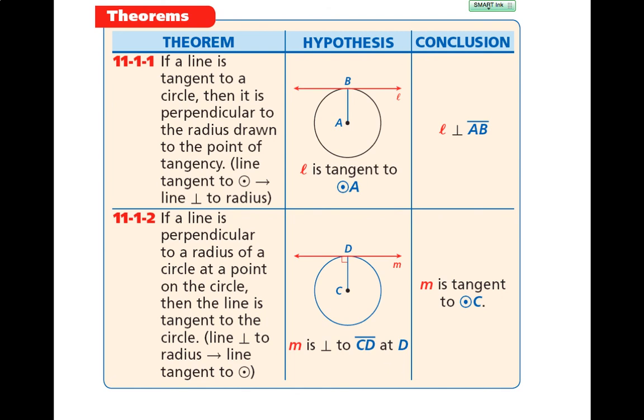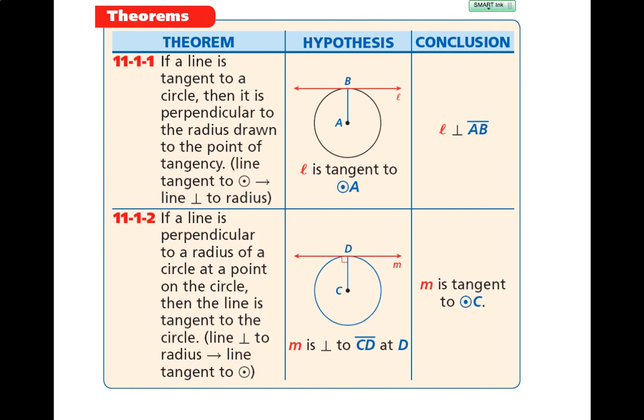So the second one, we start with the perpendicular. Just some random line is perpendicular to a radius at a certain point on the circle. So the perpendicular is what you're given, and what you can conclude is that M evidently has to be a tangent line. So you'll use the second theorem here if you were trying to conclude whether it's tangent.